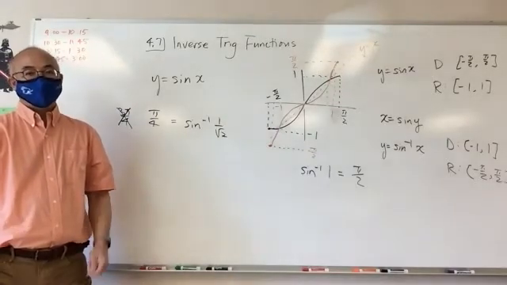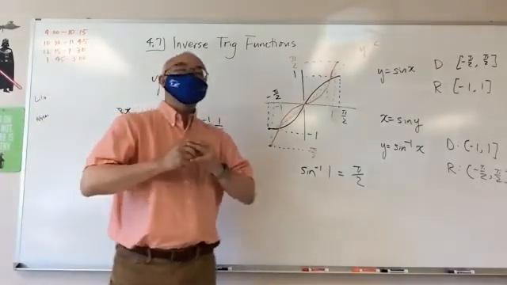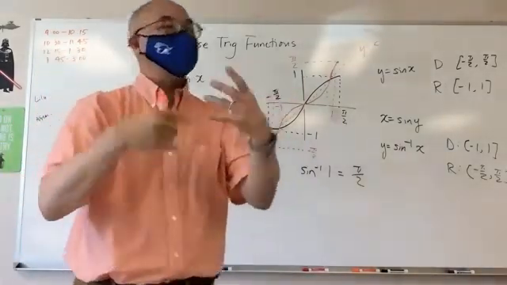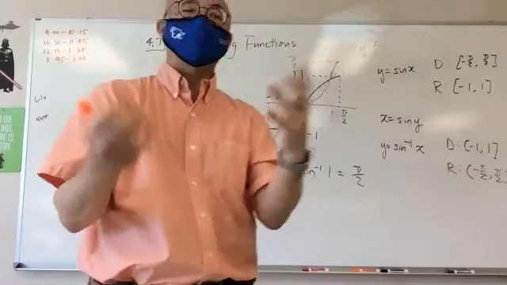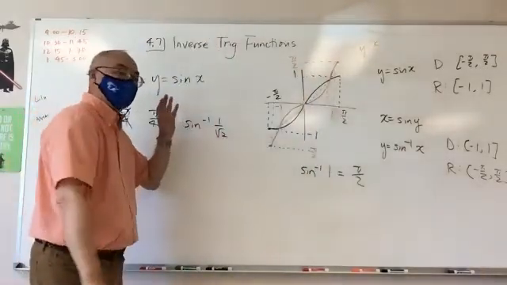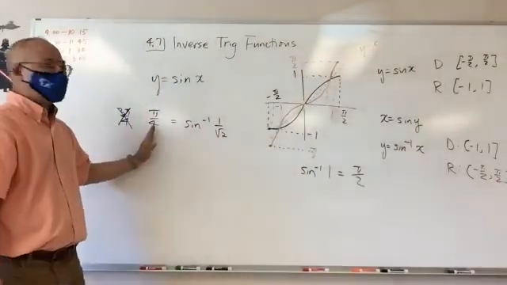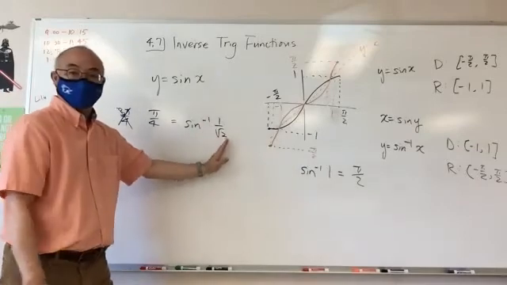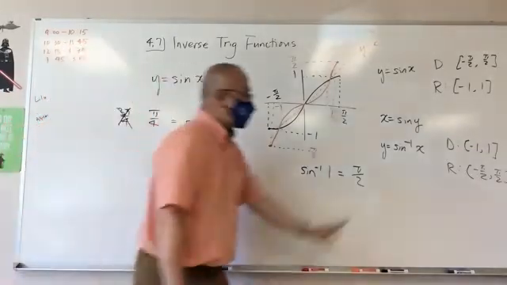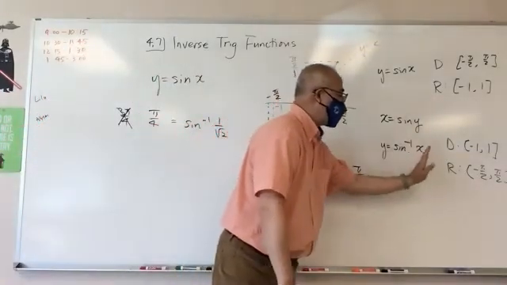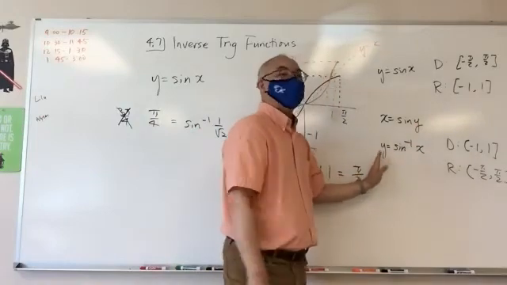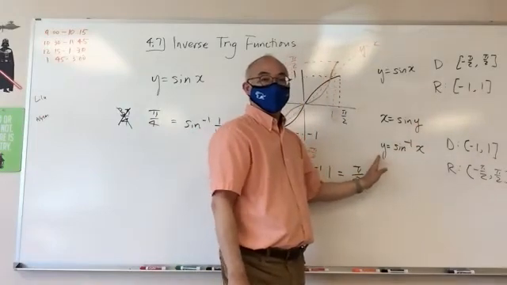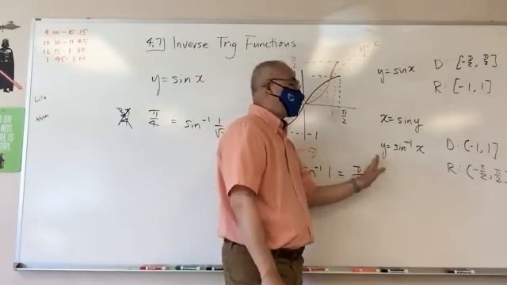The mantra that you guys need to remember when we talk about inverse trig functions is: the angle which gives me the value of. The result is always going to be an angle.